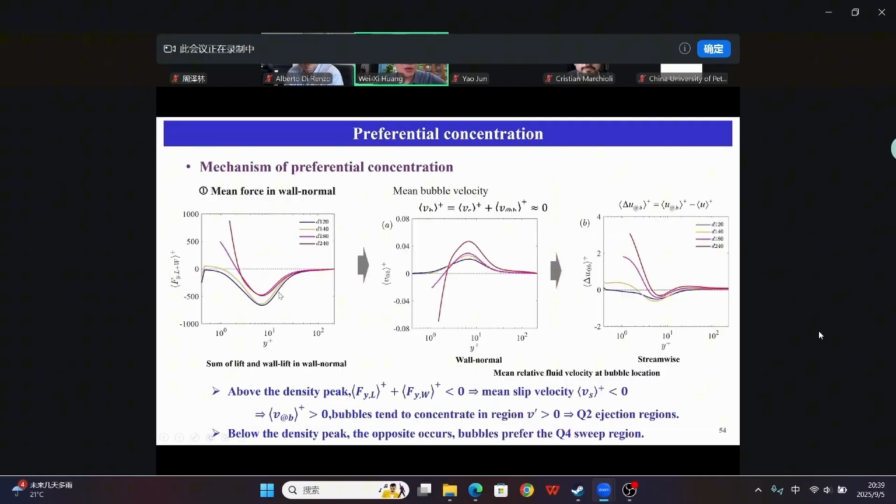To see more clearly, we also plot the normal force, the lift force plus the wall lift force. Above the peak region, it is negative, and correspondingly it will have the positive normal velocity and the negative u velocity. This corresponds to the ejection event, and very near the wall it's opposite, corresponding to the sweep event.